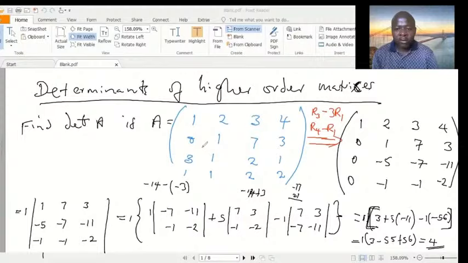Otherwise, if you had not introduced zeros, the work would have been a bit long for you to get the determinant of these. And of course, you can do it.